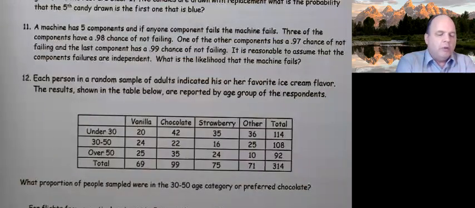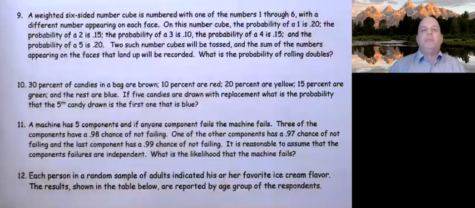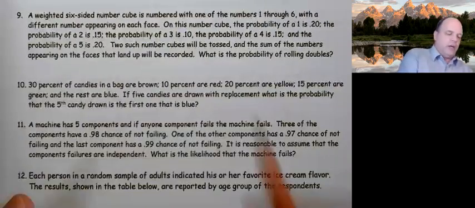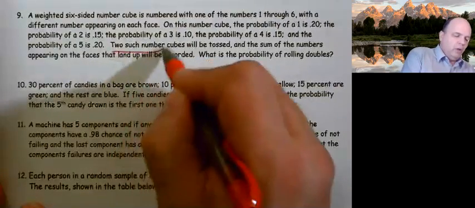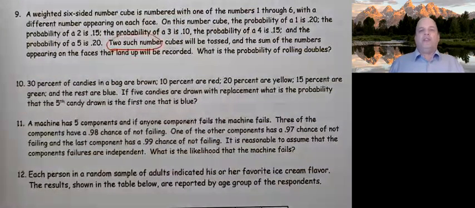On this number cube, the probability of a 1 is 0.2, the probability of a 2 is 0.15, the probability of a 3 is 0.1, the probability of a 4 is 0.15, and the probability of a 5 is 0.2. 2 number cubes will be tossed, and the sum of the numbers appearing on the faces that land will be recorded. What's the probability of rolling doubles?